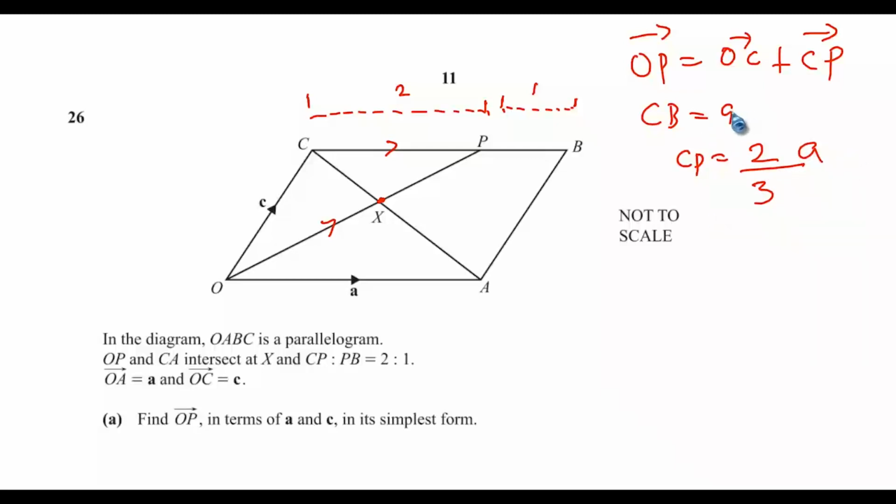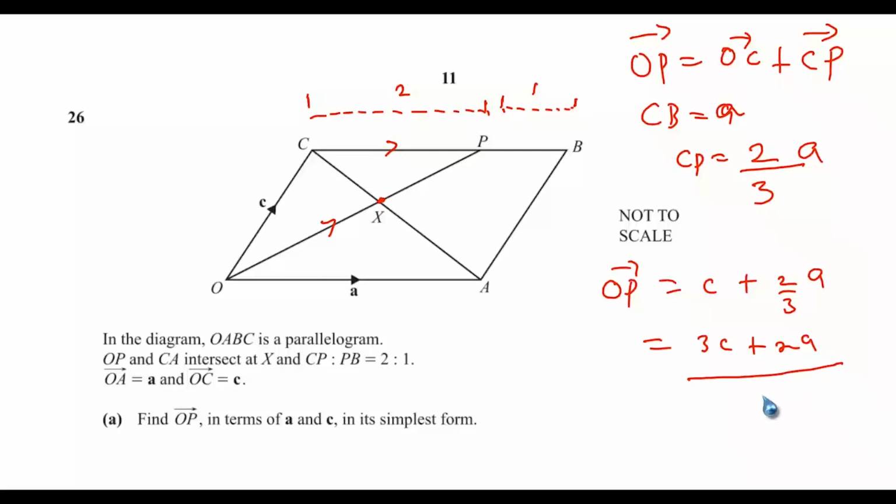Then I can now key in the value here. So OP will be equals to OC, which is C, then plus CP, which is 2 over 3A. So if you want to simplify this further, you need to multiply 3 by C. That will be 3C, then plus 2A, then everything over 3.